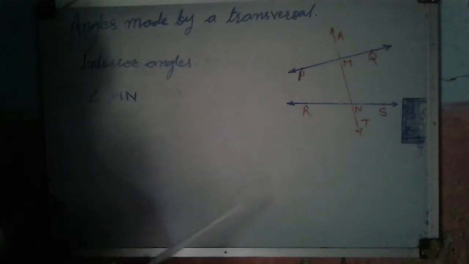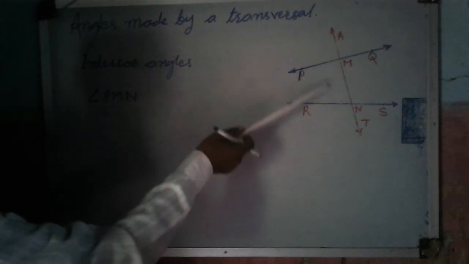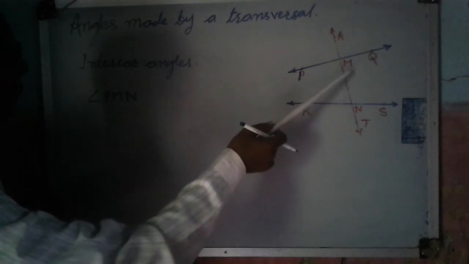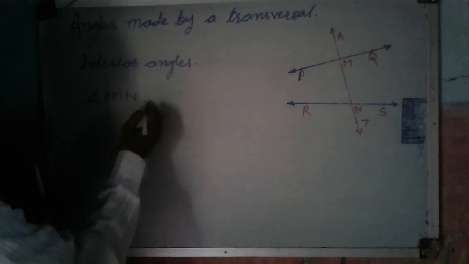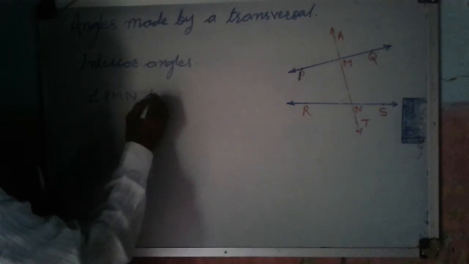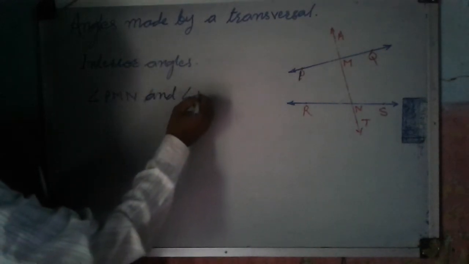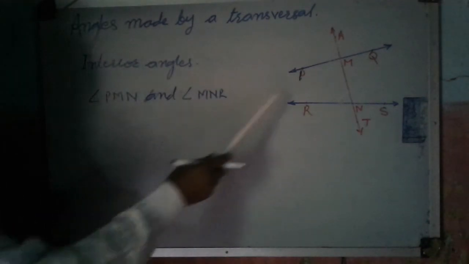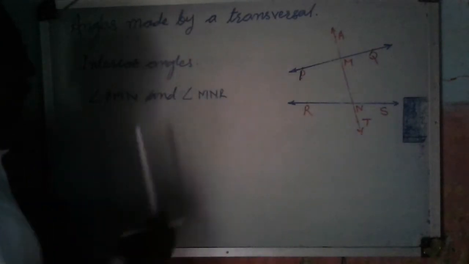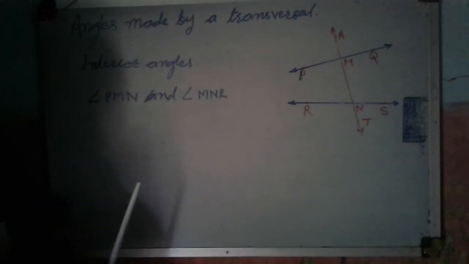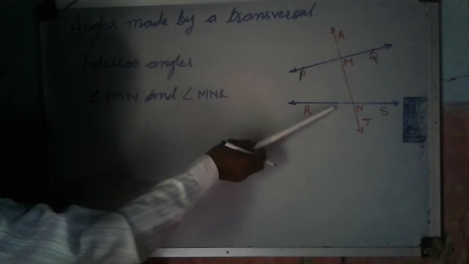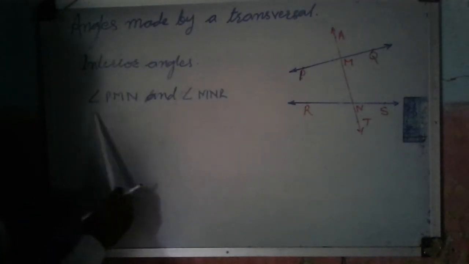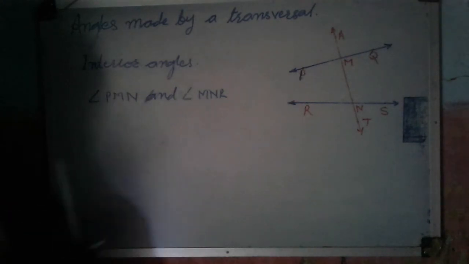And on the same side, but inside the two lines, the other angle is RNM or MNR. See, these two angles are on the same side of the transversal, and these two angles are inside the two lines. So these angles are called a pair of interior angles.